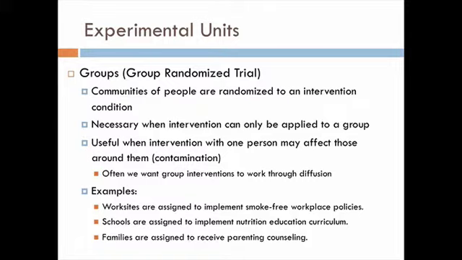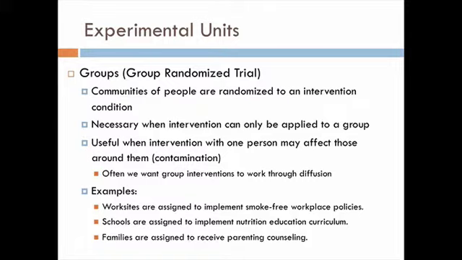In that case, again, you wouldn't go into families and assign mom to get one education intervention and kids to get a different one. It doesn't work like that. We expect that the group will work together. And oftentimes, in group trials, we want the group to work together. We want there to sort of be this spillover and this energy so that our intervention works even better, right?